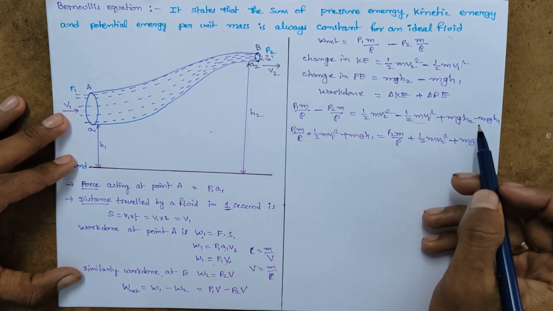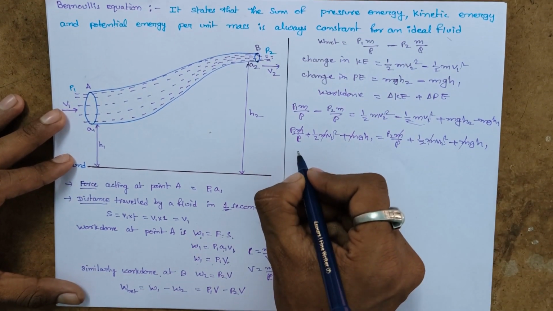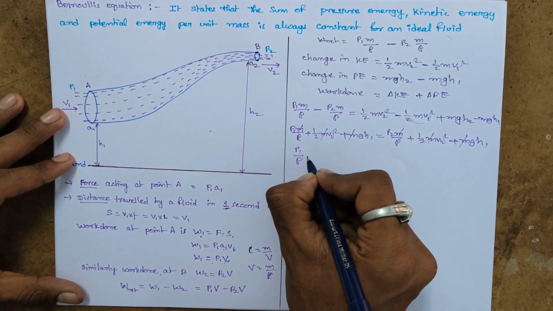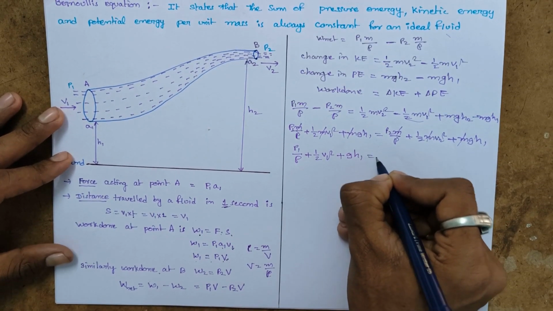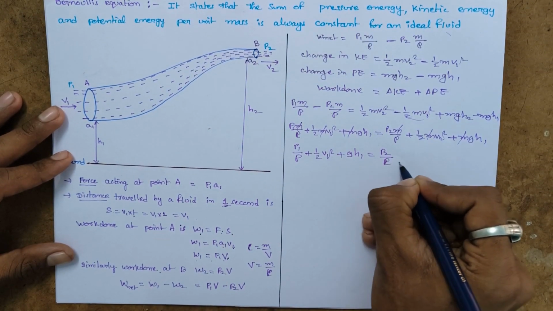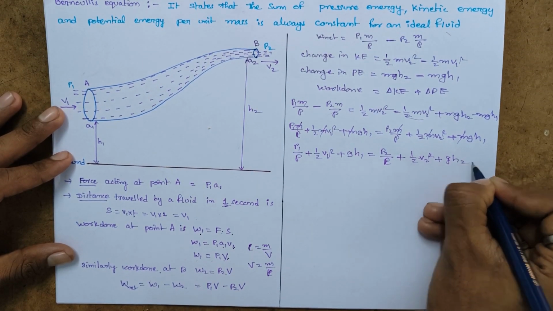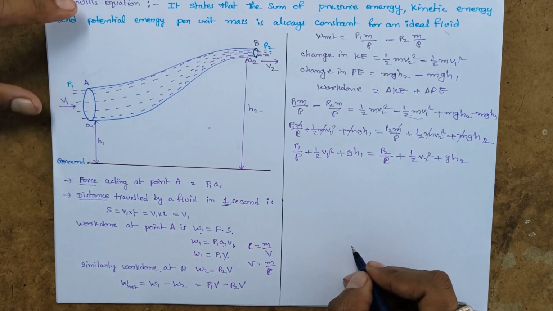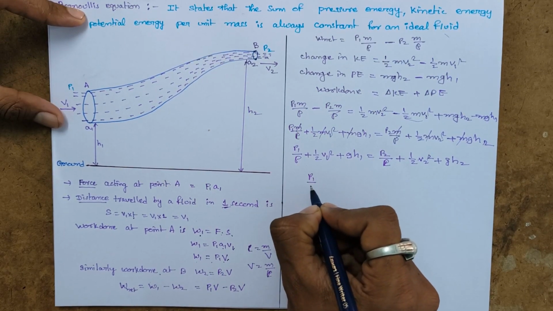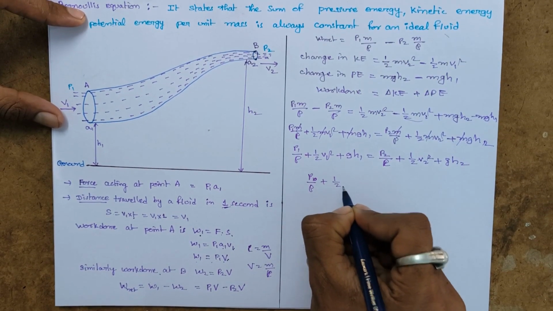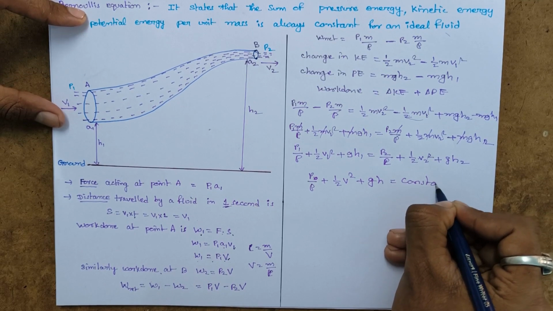After getting this step, the masses on the left side and right side cancel, so you can directly cancel them. The remaining equation is P1 by rho plus half v1 square plus gh1 is equal to P2 by rho plus half v2 square plus gh2. From this equation we can easily understand that for any one term, P by rho plus half v square plus gh is equal to constant, right?